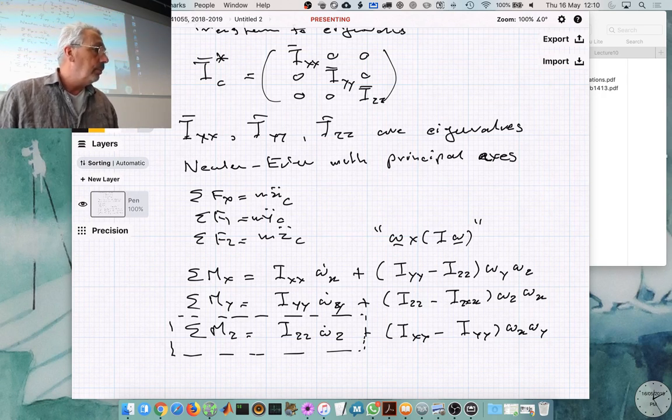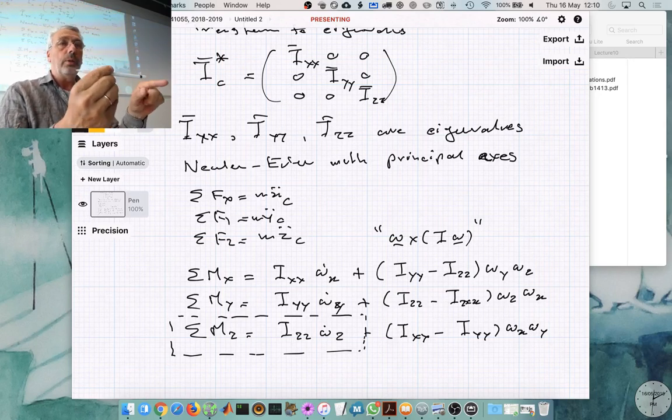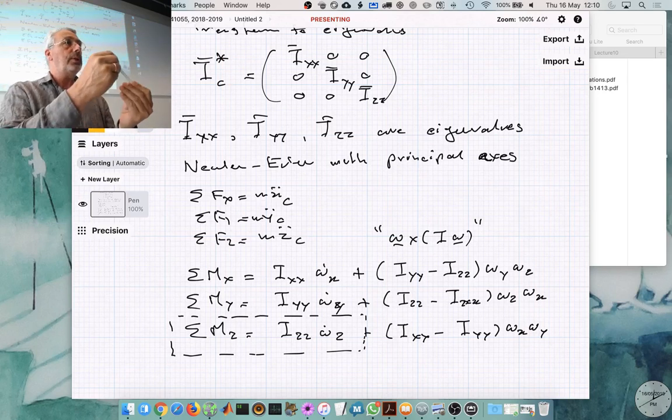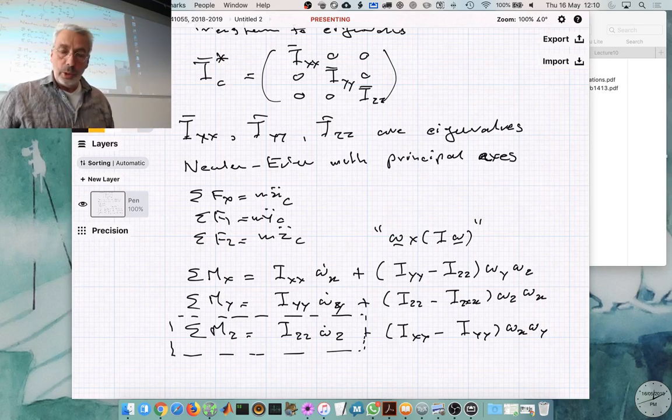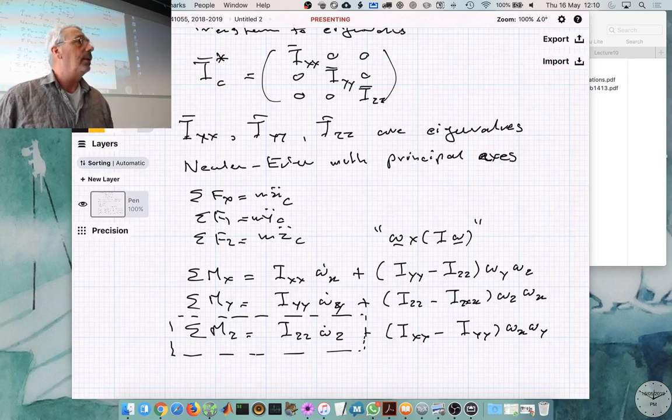So, like in the case of this pen, for instance. If we call the longitudinal axis the x, then this is the y and this is the z. Then the y and the z have the same mass moment of inertia. So this part will drop out. It's not present. But in the other parts it will be. The thing is tumbling on.